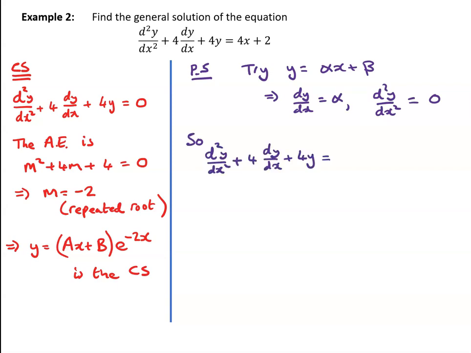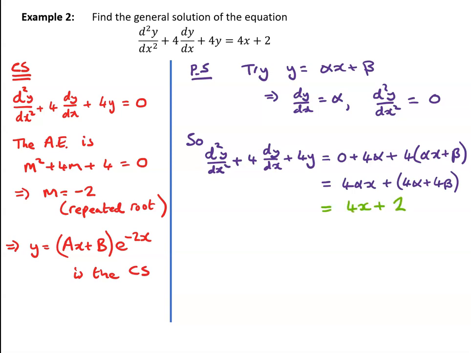So d2y/dx squared plus 4 dy/dx plus 4y is going to be 0 plus 4 alpha plus 4 (alpha x plus beta). In other words, that is 4 alpha x plus 4 alpha plus 4 beta. And we want that to equal 4x plus 2.